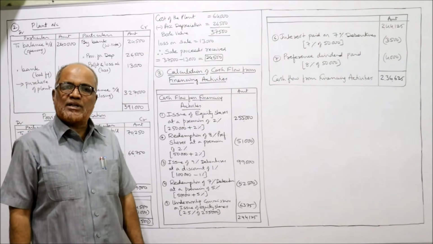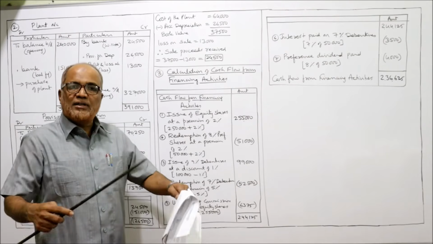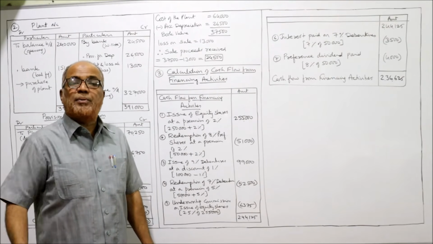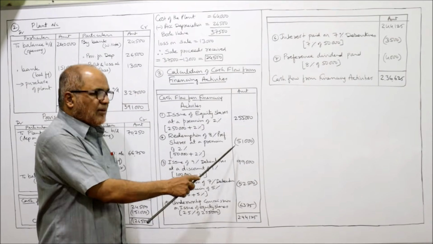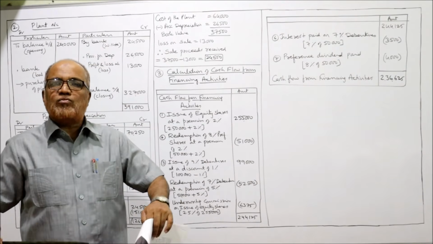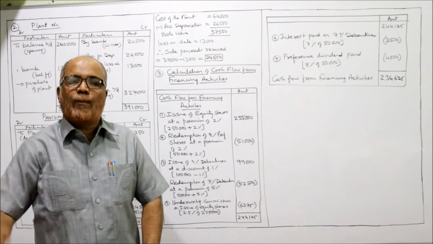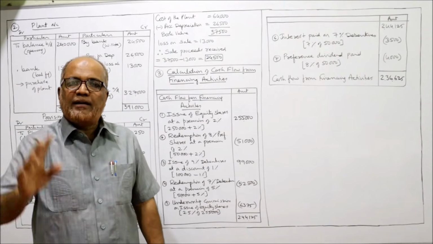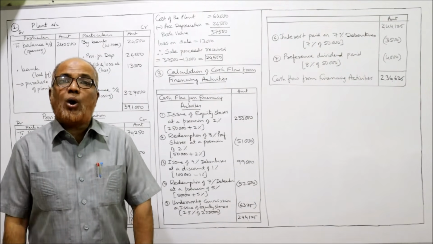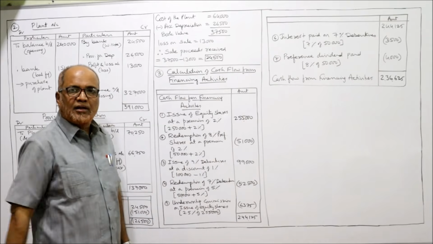Actually preference share capital was 50,000, but in the additional information it is given that it was redeemed at a premium of 2%. So 51,000. When redemption of shares was done, it is a cash outflow. The company has repaid the amount. It is a cash outflow. That's why I am taking it in bracket.